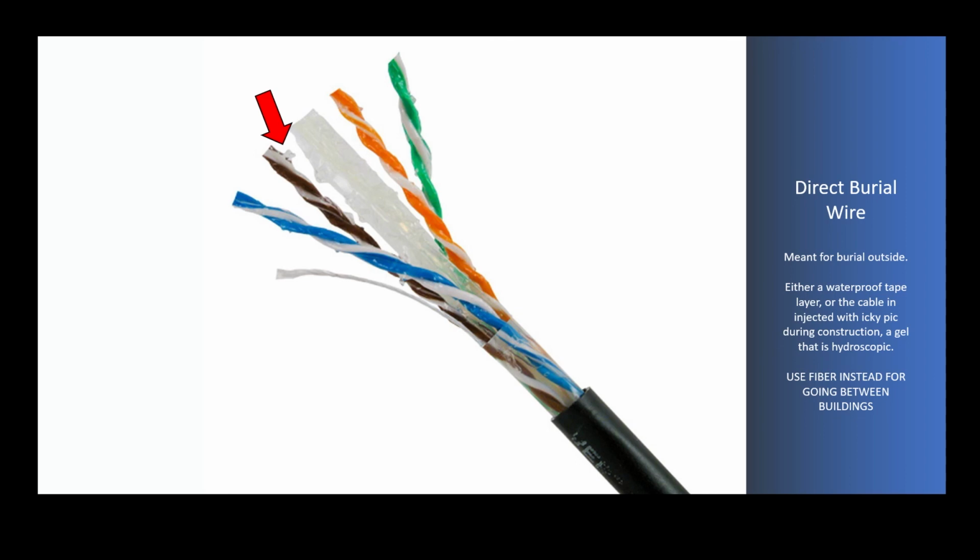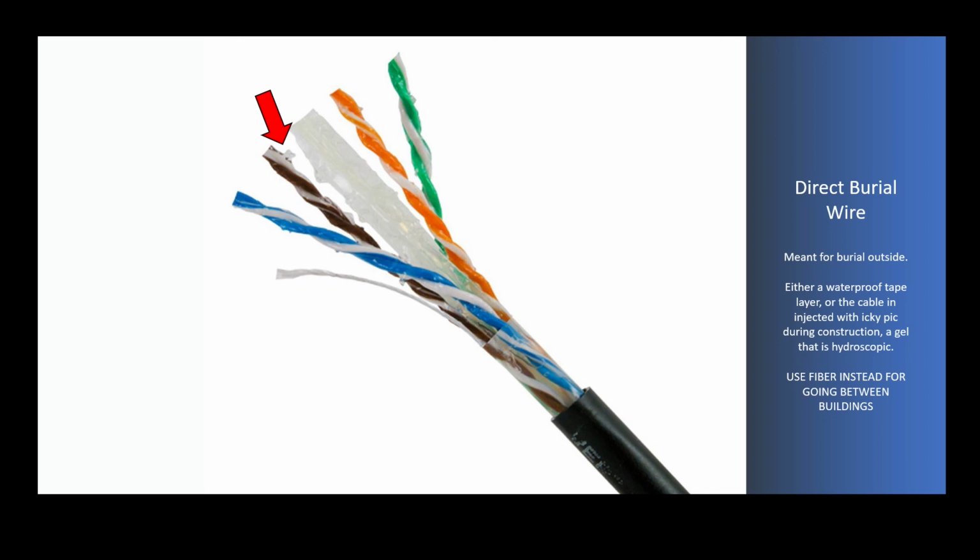However, I have to say, if you're going to bury wire, don't bury Ethernet. Just go through the trouble of getting the fiber for that run. It'll just save you so much headache in the long run. And fiber is non-conductive, so exterior lightning strikes, you don't have to worry about it with a fiber run.